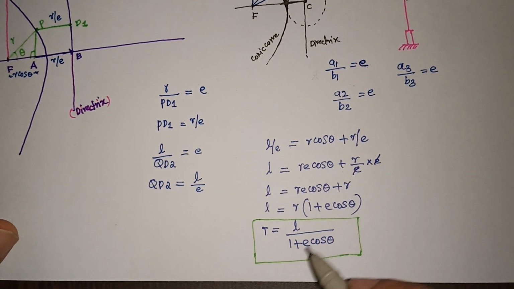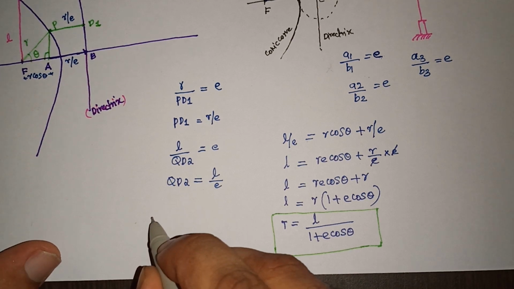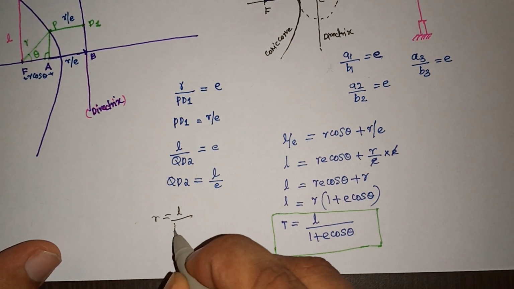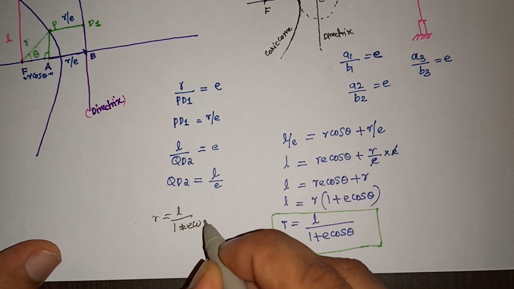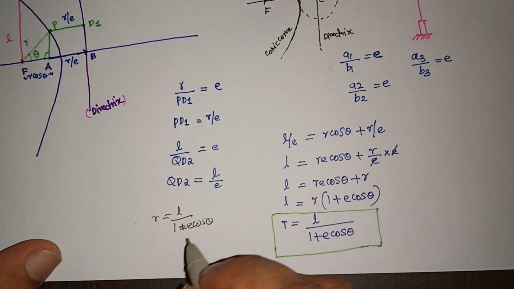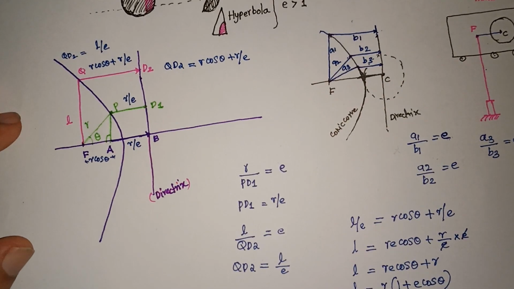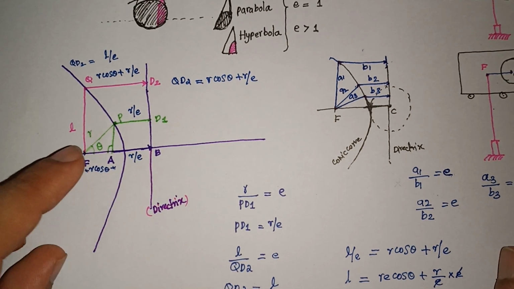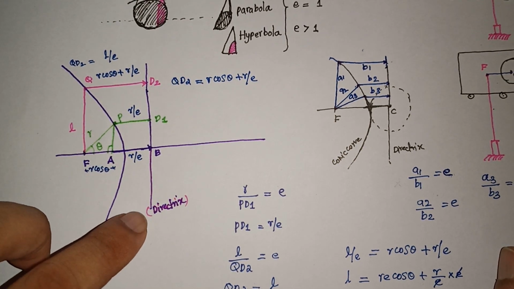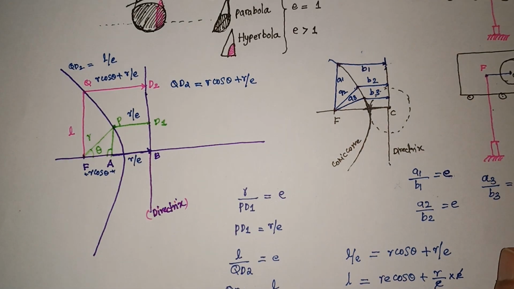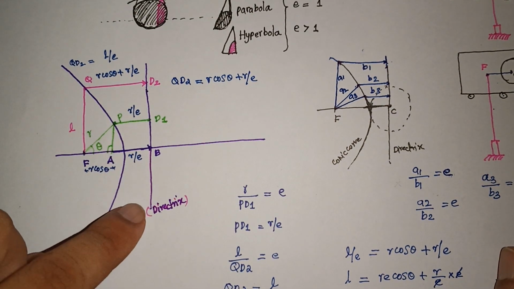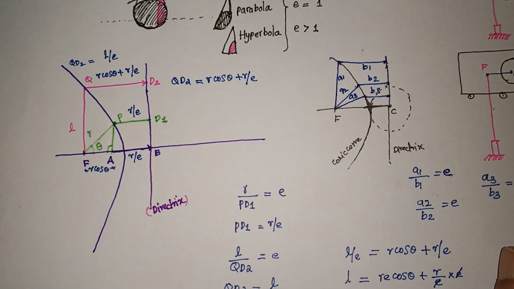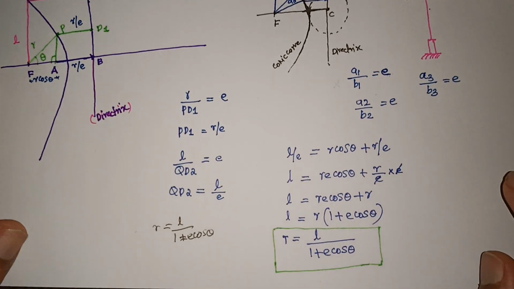Now, normally in every textbook, they write R is equal to L divided by 1 plus or minus E cos theta. This is also correct. Because of the direction of the directrix, which is on the right side, you are getting a plus sign here. If the directrix is on the left side, then you are going to end up with a minus sign.